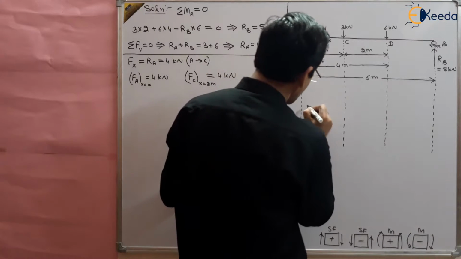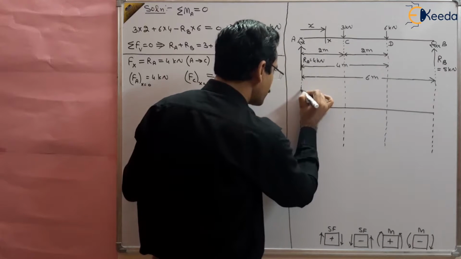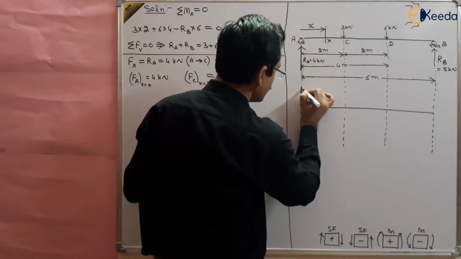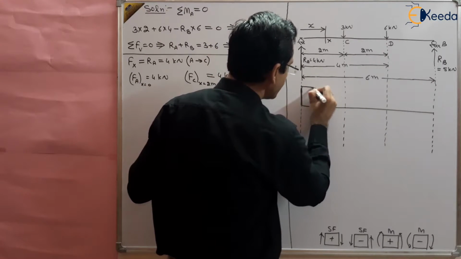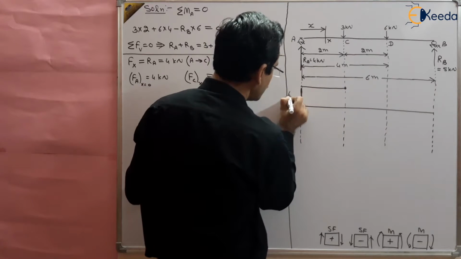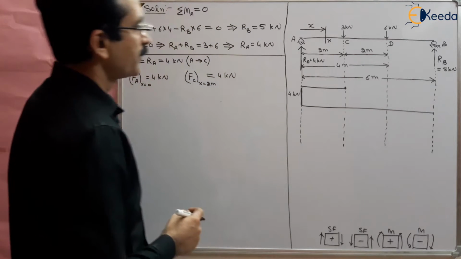So let us draw now. This is 4 kilonewton, and it will remain the same.